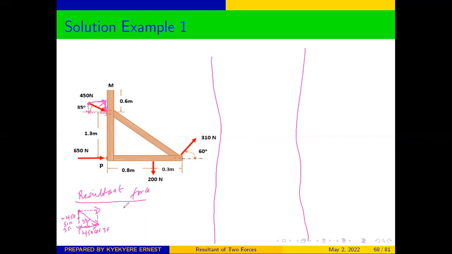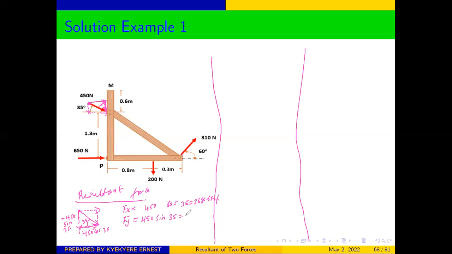And from here, you can see that our Fx for that force will be 450 cos 35, which will be equal to 368.6 newtons. And then we can get our Y component for that force as 450 sine 35.